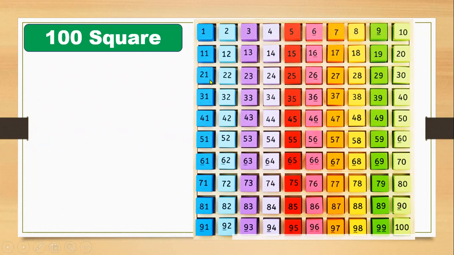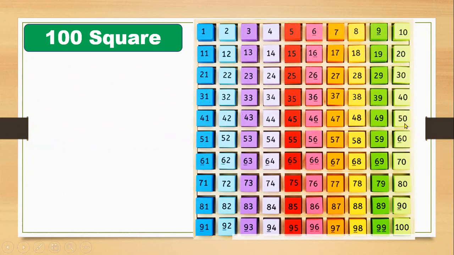This row starts from 21 and finishes at 30, then 31 to 40, and 41 to 50. Here, as you can see, the blue boxes start, and the light green boxes are the numbers finishing with 0.